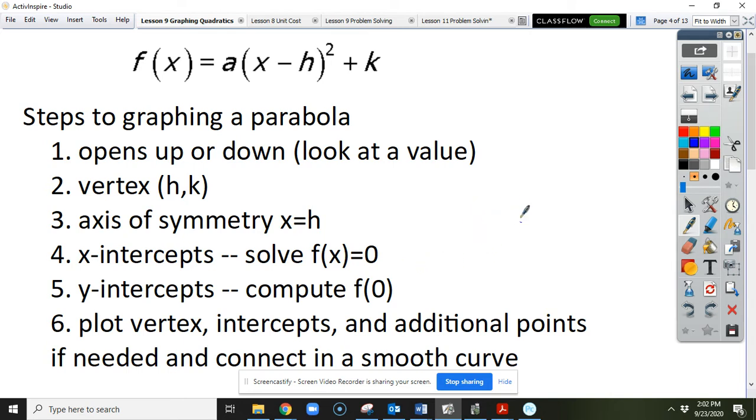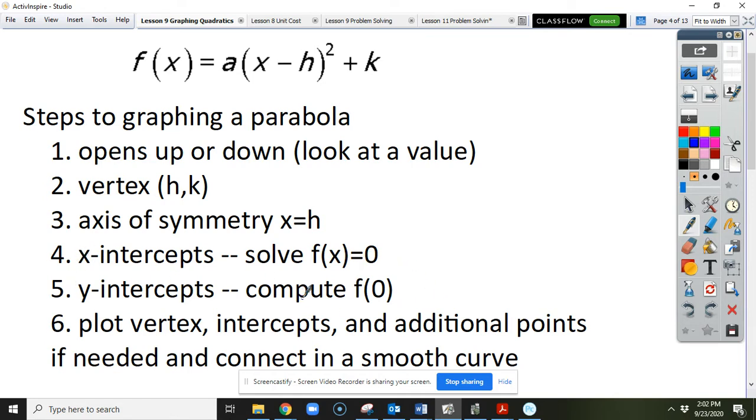Then steps 4 and 5, we will find for the other graphs that we do in this unit as well. So really want to think hard about finding x-intercepts. X-intercepts are when we're solving, our function is equal to 0, right? If we're on the x-axis, our x-intercepts, that's when the y is 0. So we set it equal to 0 and we solve. This usually takes some effort. We're really solving the equation. In the last chapter, any time that we solved an equation, we were really finding the x-intercepts.